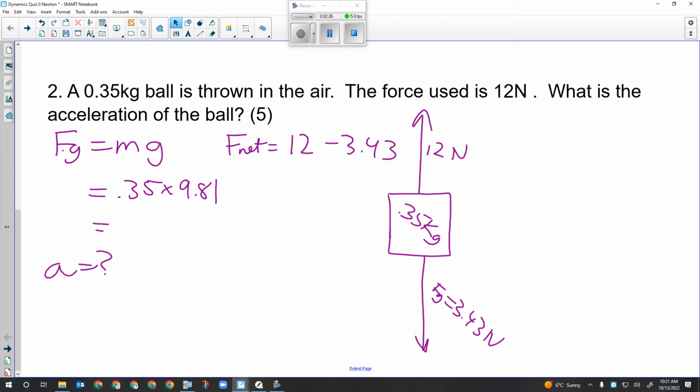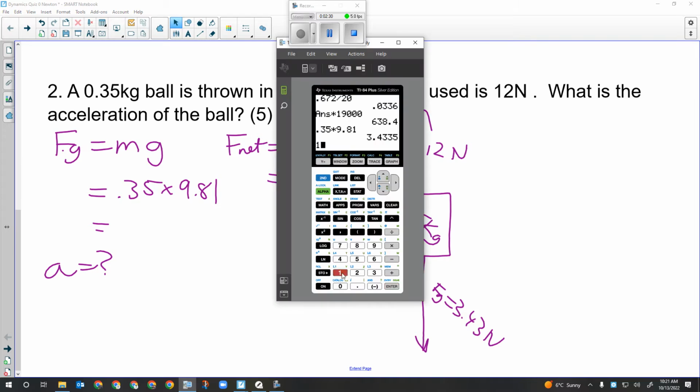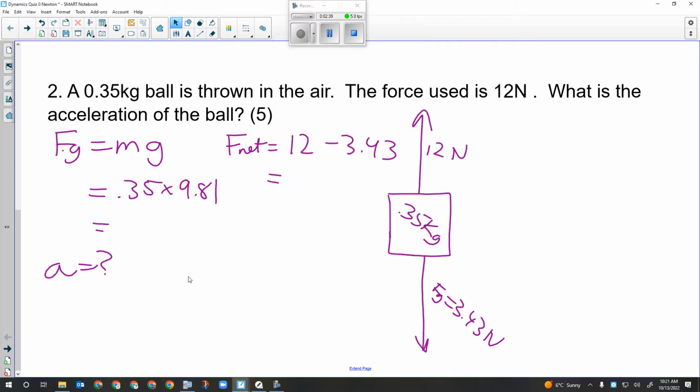I'm going to use all of my numbers when I do that. So I'll go 12 minus my answer, and 8.57. And that'll be up.